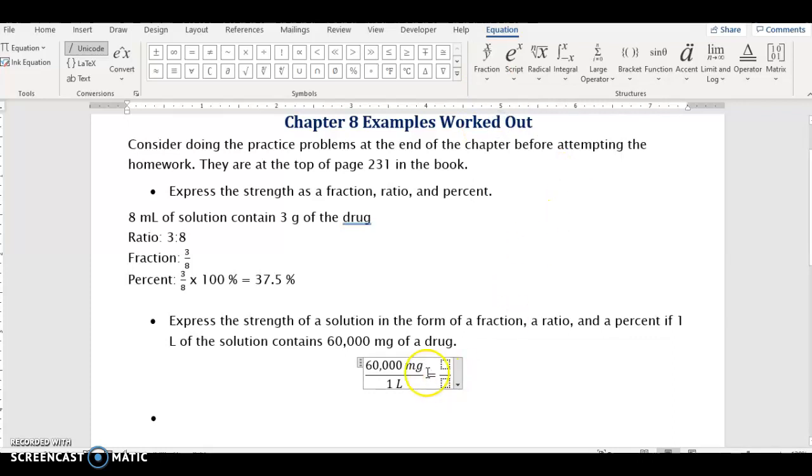When we're going from milligrams to grams, we're going to move the decimal point 1, 2, 3 places to the left. So basically 60,000 milligrams is equal to 60 grams. Likewise, 1 liter is equal to 1,000 milliliters.